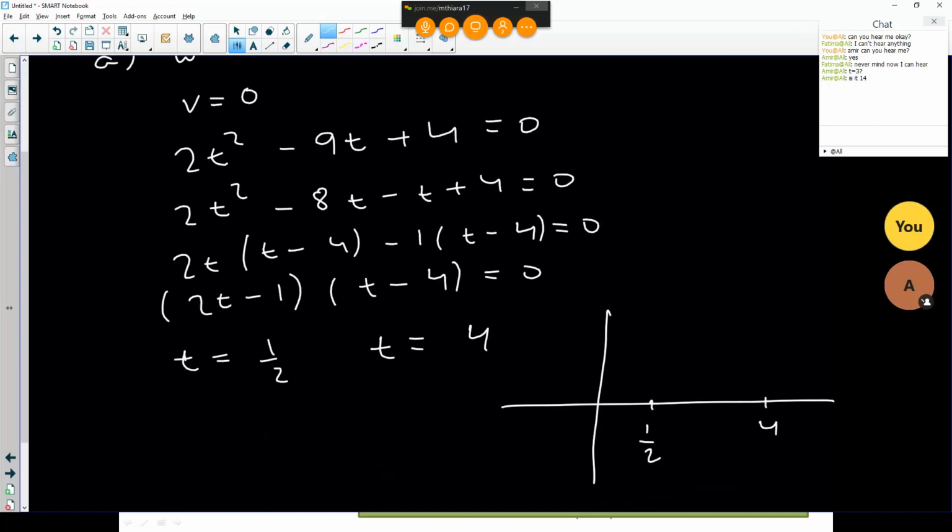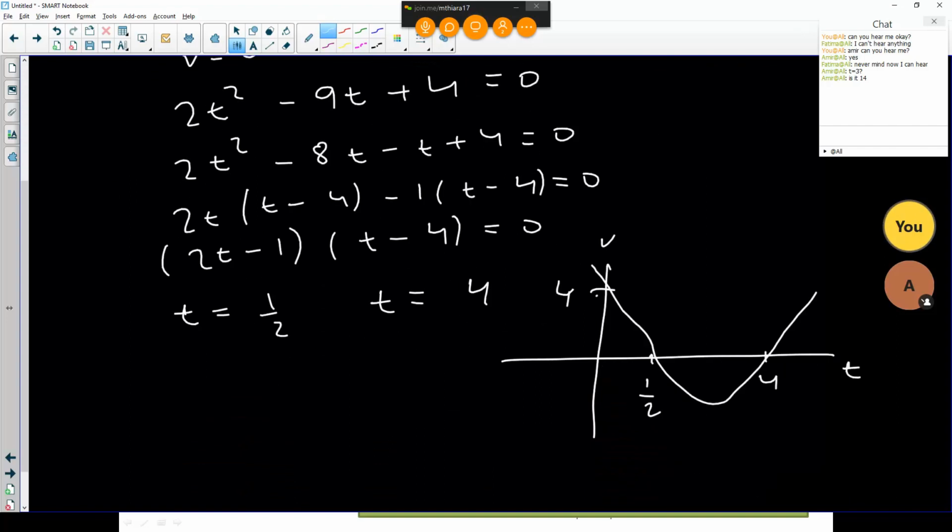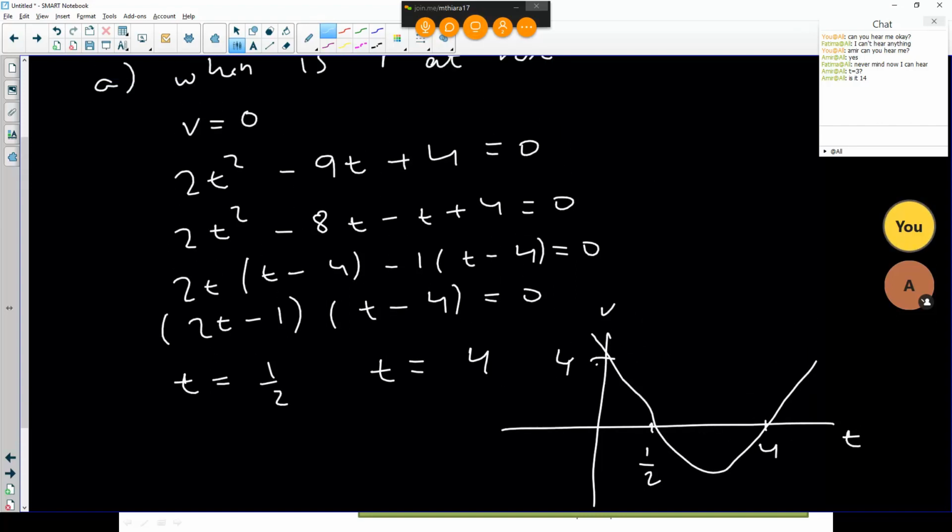So if I label my axes v and t, it looks something like that, and this is 4 here. Because when t equals 0, if I substitute t equals 0 into this expression, I get that velocity is equal to 4. So I'll get a quadratic that looks like that. Okay, this might be useful later on. It's just good for your understanding.